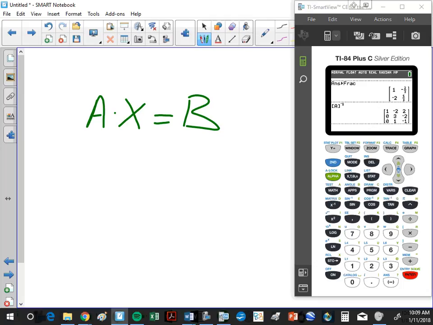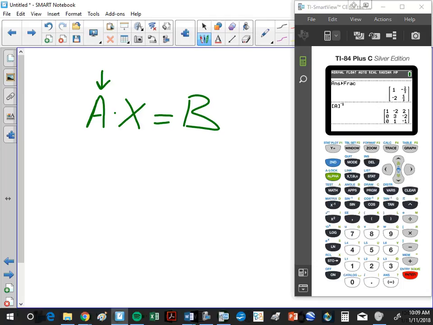Divide by A. How do you divide matrices? It doesn't exist. Right. Instead of dividing, because there is no such thing as dividing matrices, I want to turn this into the identity, because the identity times X will just be X.